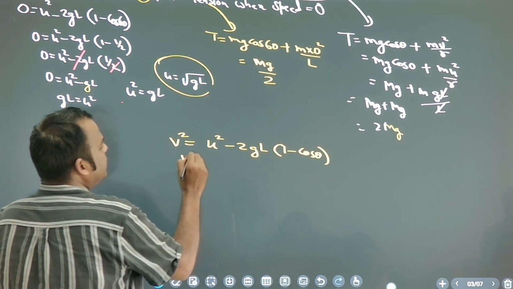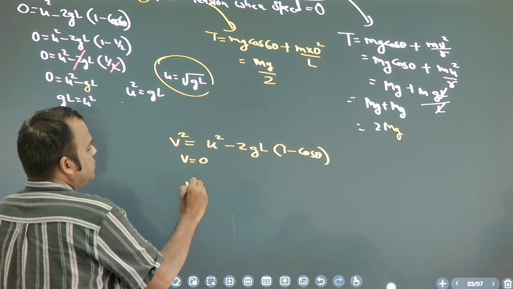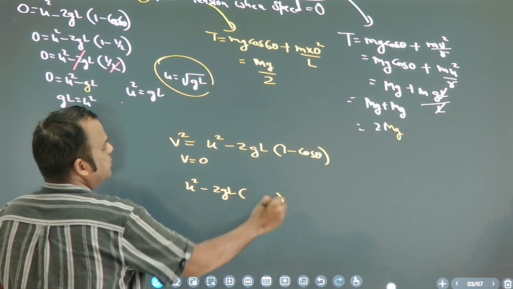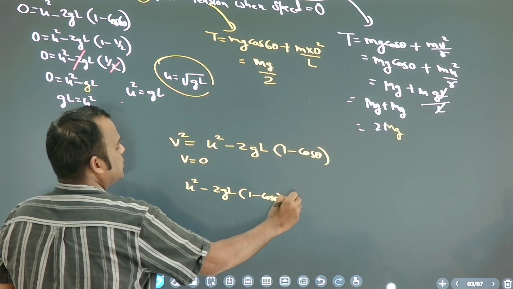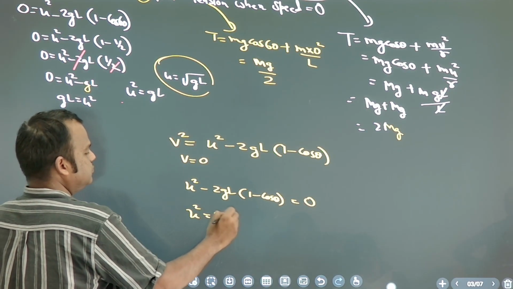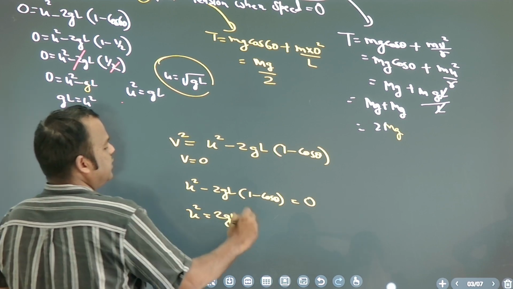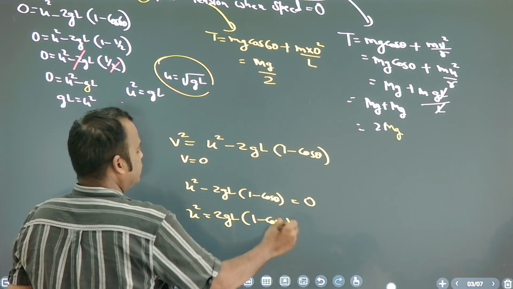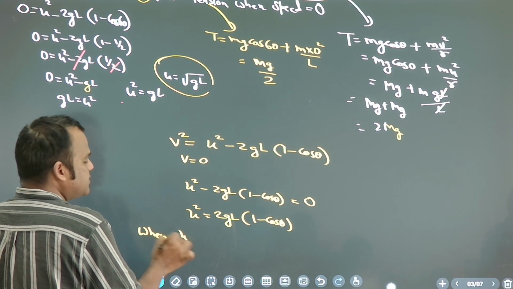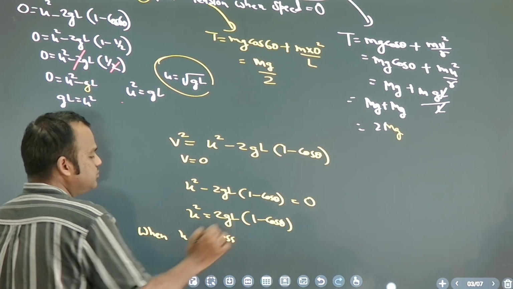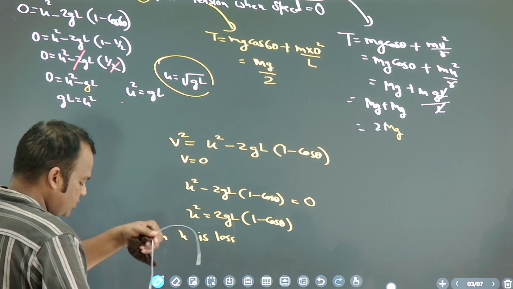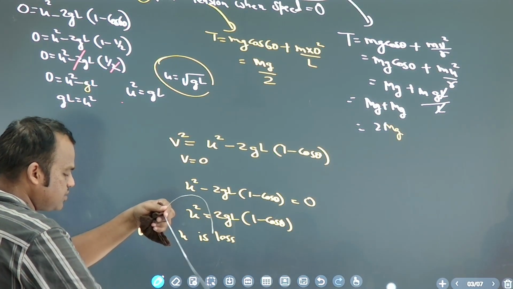If you put V is equal to 0, you get U square minus 2GL into (1 minus cos theta) equal to 0. So U square is equal to 2GL into (1 minus cos theta). So when U is less, less speed, less angle it will make.